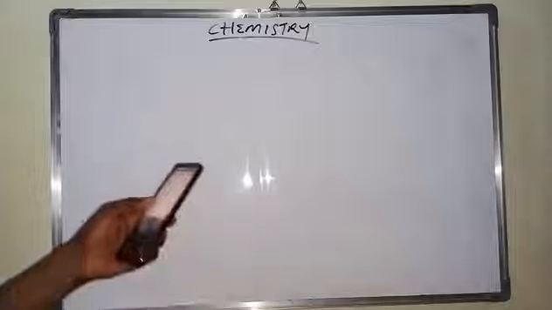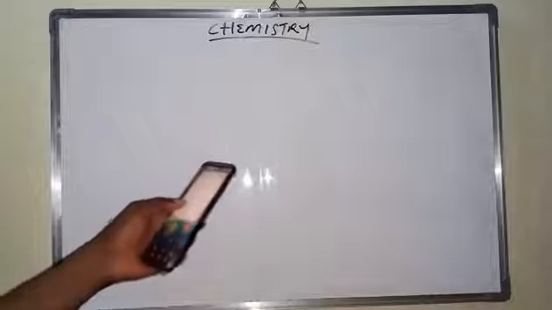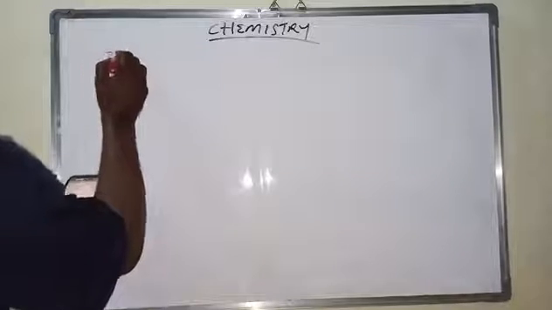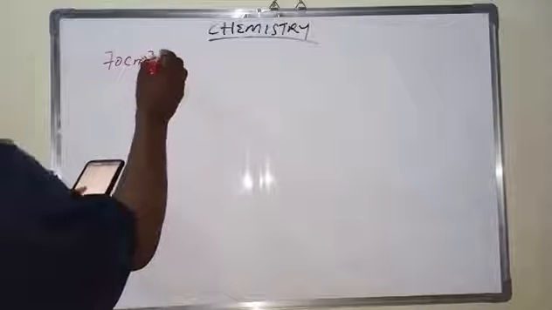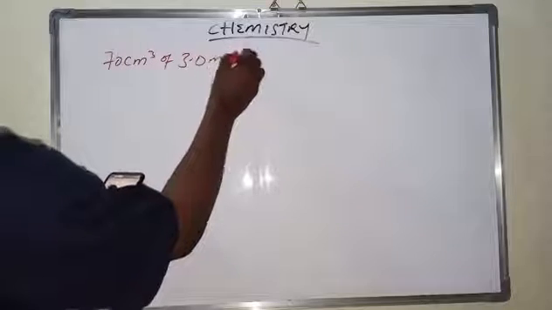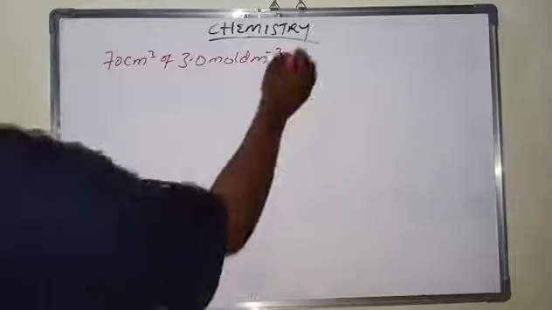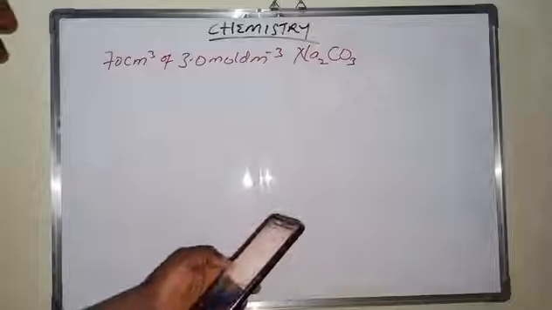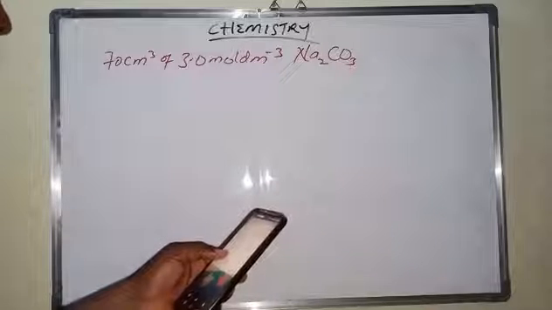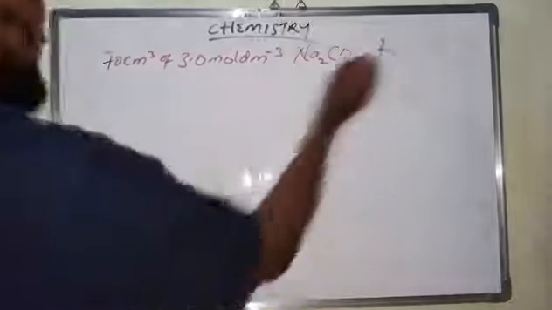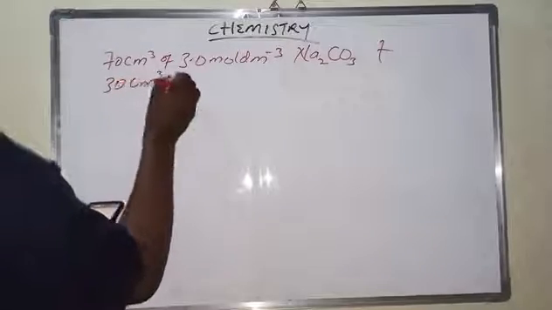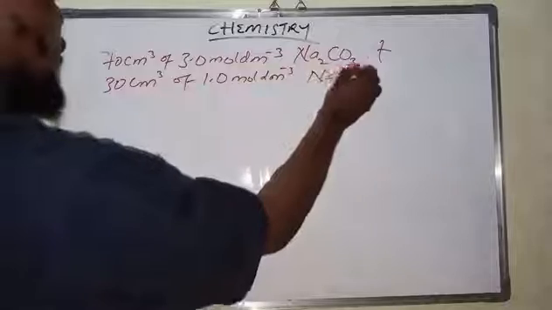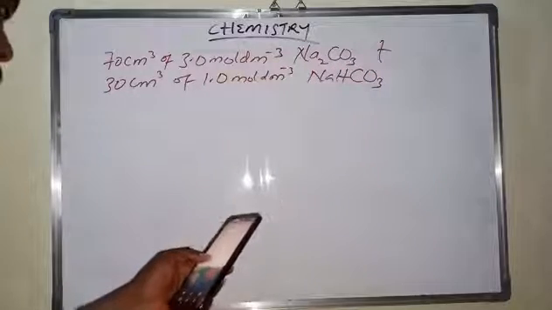Question 3 says: 70 centimeter cube of 3.0 mole per dm cube sodium carbonate is added to 30 centimeter cube of 1.0 mole per dm cube of sodium hydrogen carbonate.